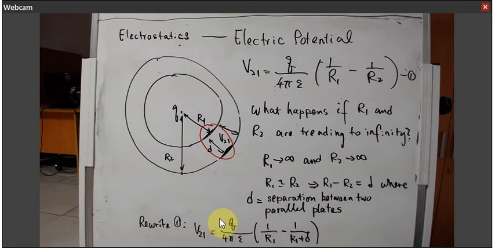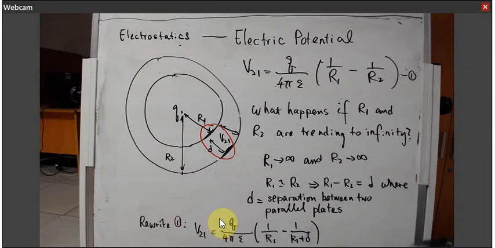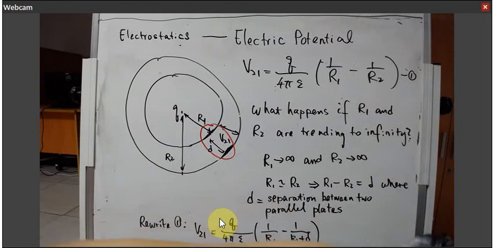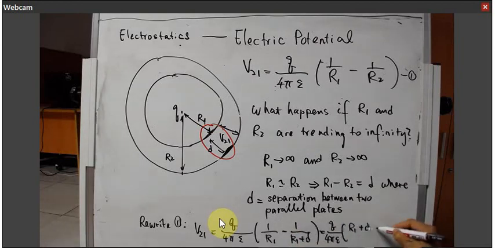Now, if I'm going to explain the formula, let's work this out. This expression is going to be Q over 4 pi, and then the numerator is R1 plus D minus R1, and the bottom expression is going to be R1 times R1 plus D.